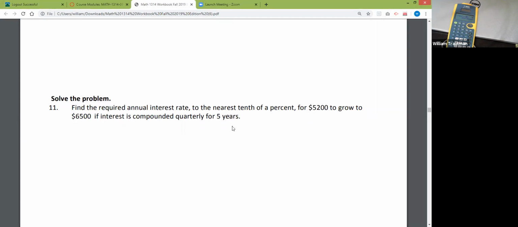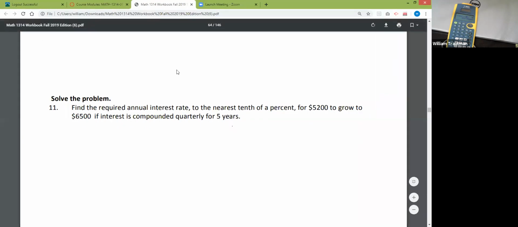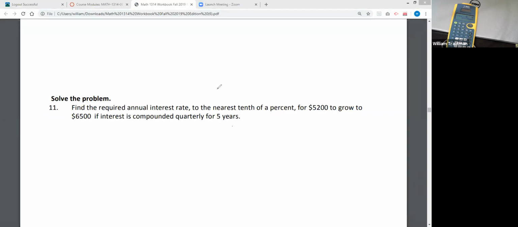All right. Find the required annual. Oh, no. Where's that formula sheet at? I'm going back to the formula sheet. I think I have to teach you some other stuff now.